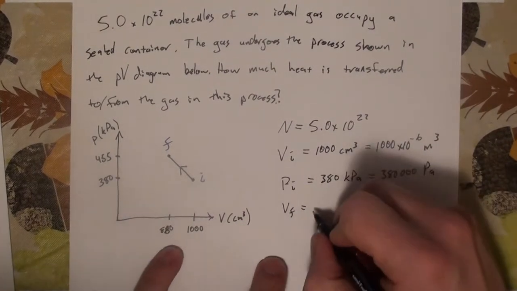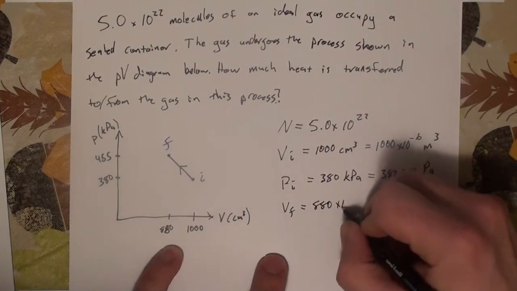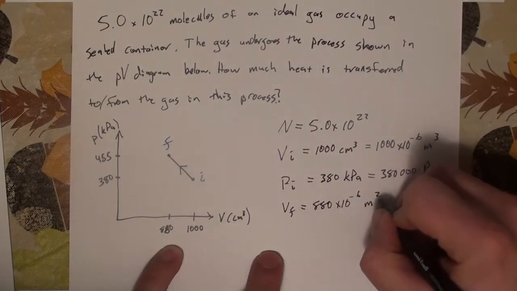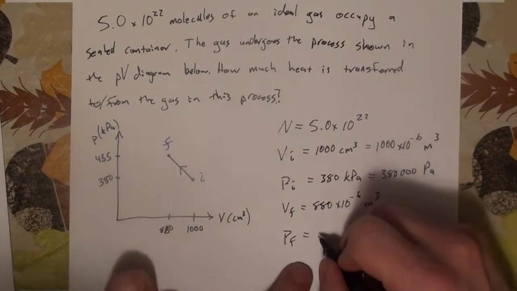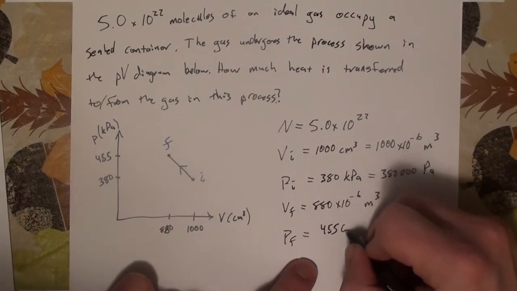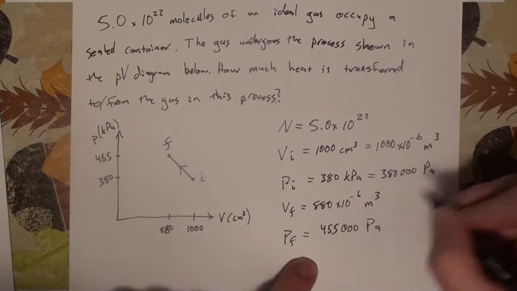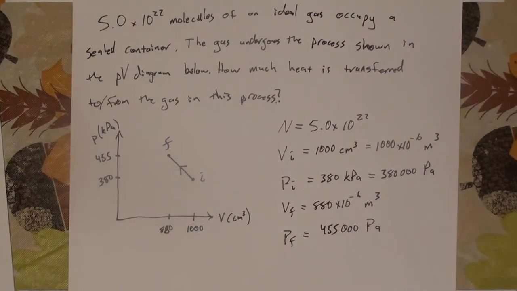We can read directly off of here. It's 880 times 10 to the minus 6 cubic meters. And P final is 455,000 pascals. Okay, so let's start by finding the work done by the gas.